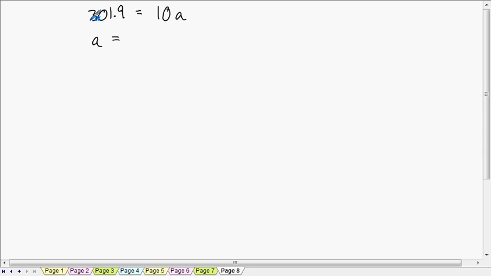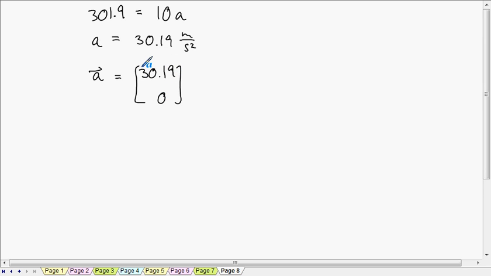Okay, positive 301.9. So the acceleration is 30.19 meters per second squared. So plug that into the acceleration vector and you get 30.19, 0.